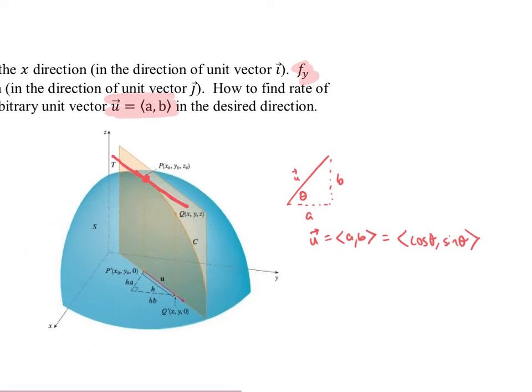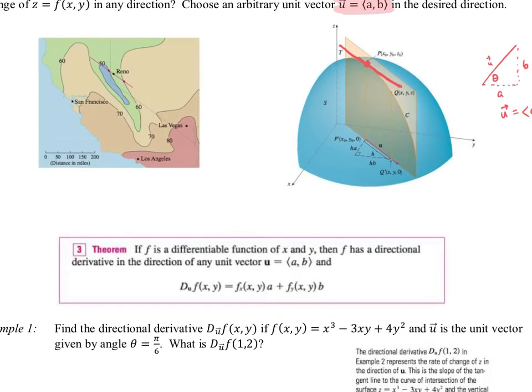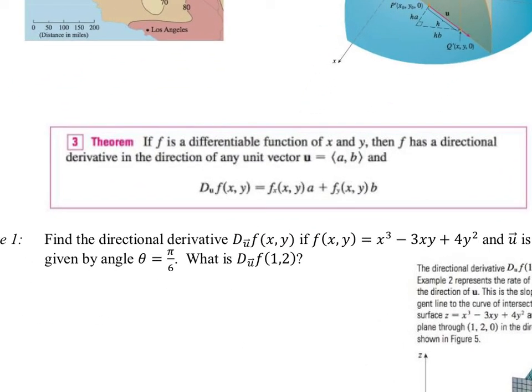Now, we've already basically calculated the derivatives we need, based on the directional derivative formula you see below. The directional derivative is often represented D sub u of the function f of x, y.